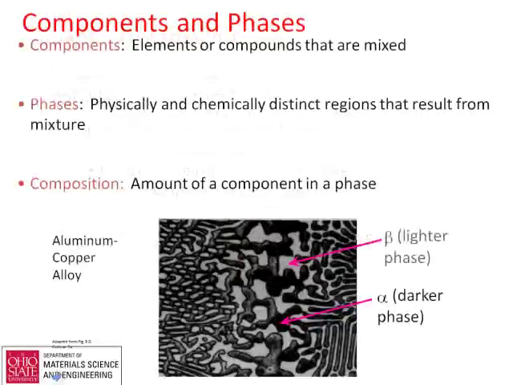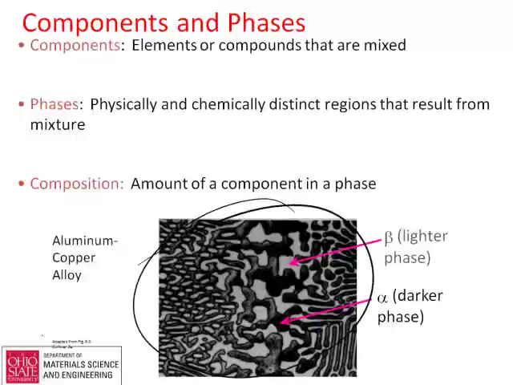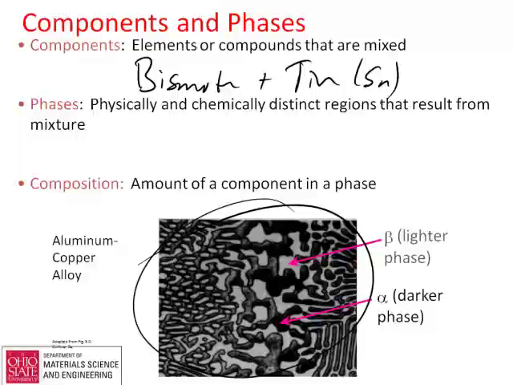So here's what we have. Let's consider components and phases and bring this into what real material structure looks like. We introduced that last lecture. So our components in this case, let's imagine we've got bismuth and tin. Those are our two primary components. It's a two-component system.